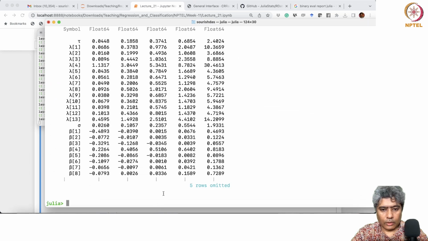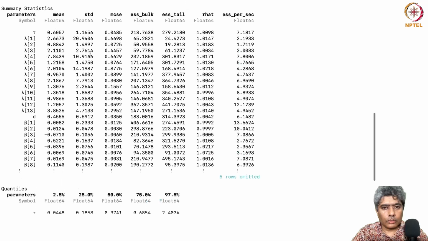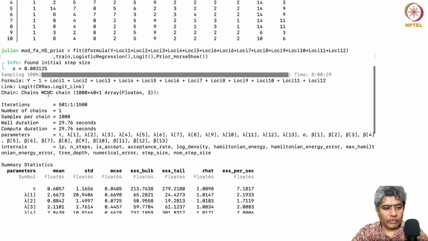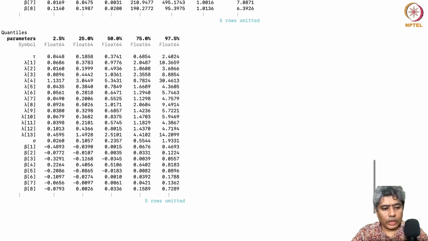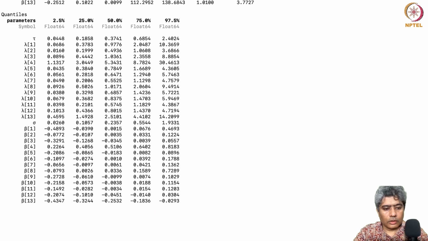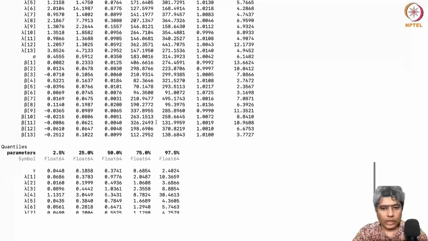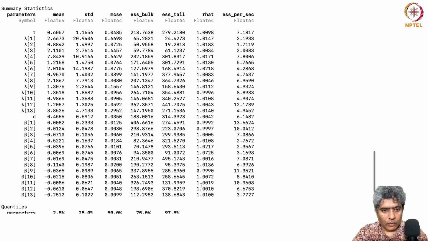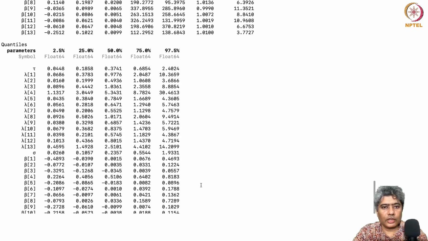Now I can see that all the parameters here are being printed nicely. All the R hats are very close to 1, meaning convergence did take place. That is very good news for us.